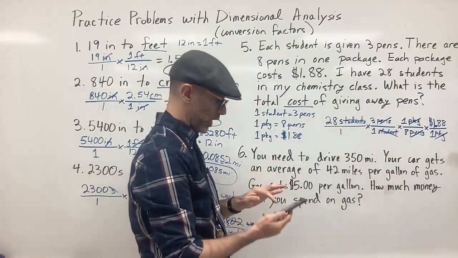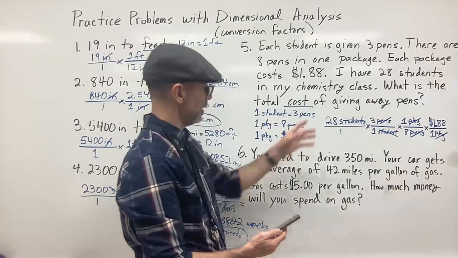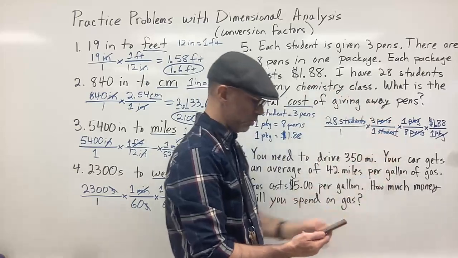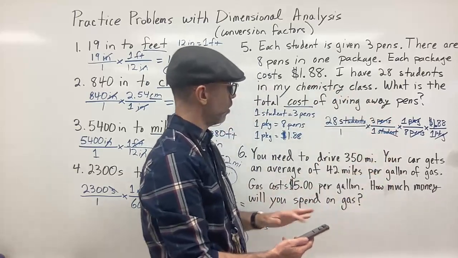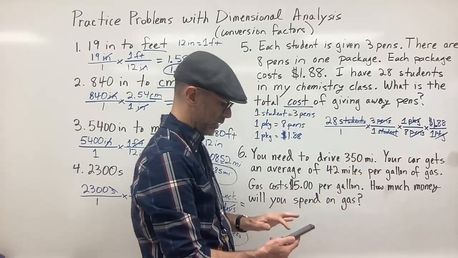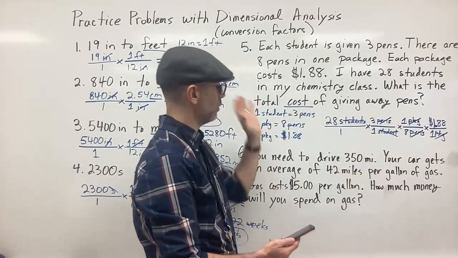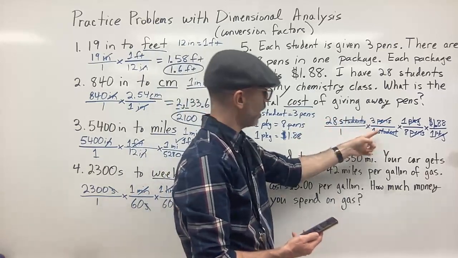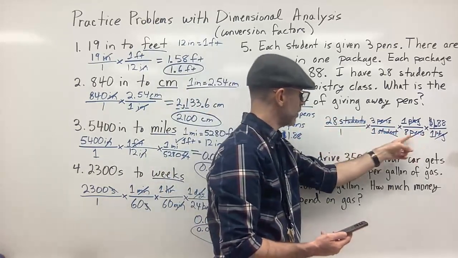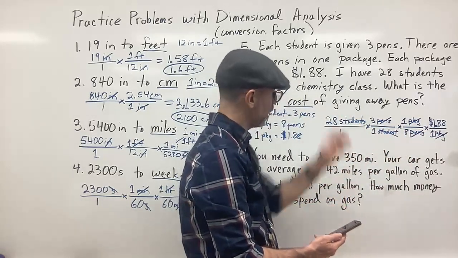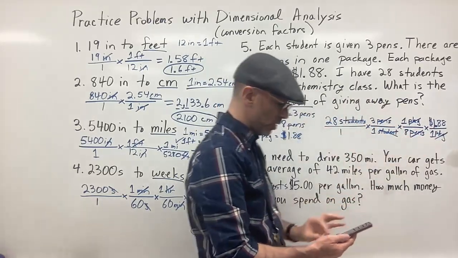So I'm going to take 28 multiplied by 3, multiplied by 1, which isn't going to do anything, multiplied by 1.88 equals. Now I'm going to divide by everything on the bottom. Divide by 1 doesn't do anything. Divide by 1 doesn't do anything. Now I'm going to divide by 8. And then I'm going to divide again by 1, but that doesn't do anything.